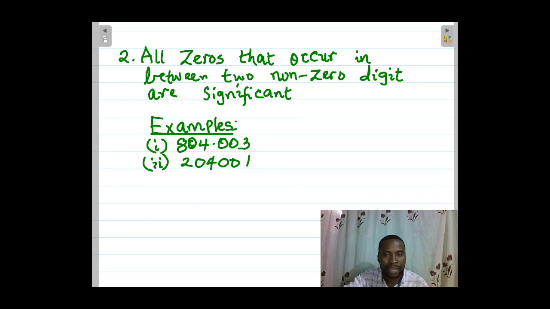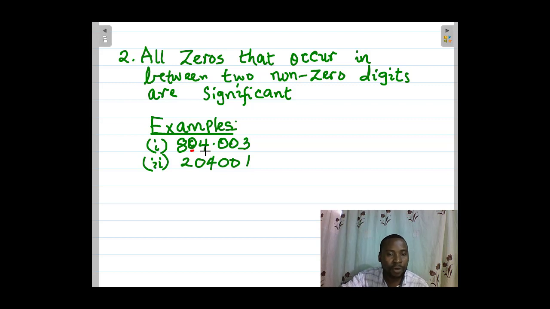Rule number 2. All zeros that occur in between two non-zero digits are significant. See what we're saying. If you look at this zero here, it is standing in between 8 and 4. 8 is not a zero, 4 is not a zero.